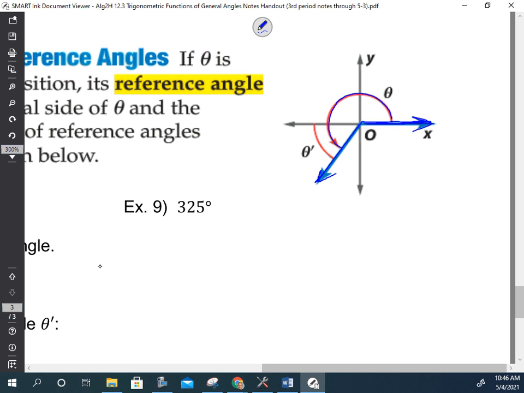In order to use right triangle trig, your angle has to be between 0 and 90 degrees, because that's what right triangle trig allows you to do. So if we draw an angle, we can always make a right triangle out of it. We take wherever the angle ended, draw it back to the x-axis, and whatever angle that is, this becomes your reference angle.